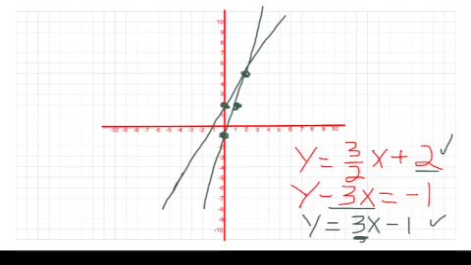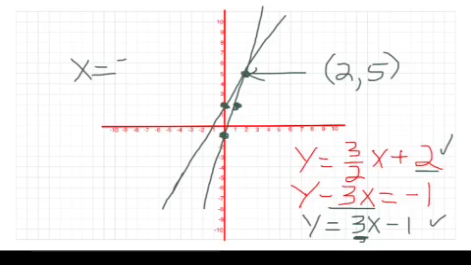Not the best line ever, but you can tell the place where they intersect, which is right here. That point, the point of intersection, is the solution to this system of equations. This particular one intersects at (2, 5). Therefore, x is equal to 2 and y is equal to 5.